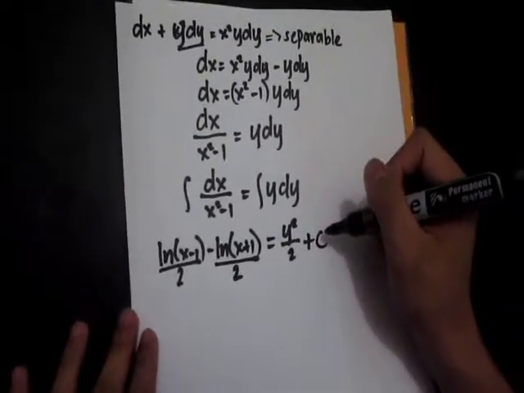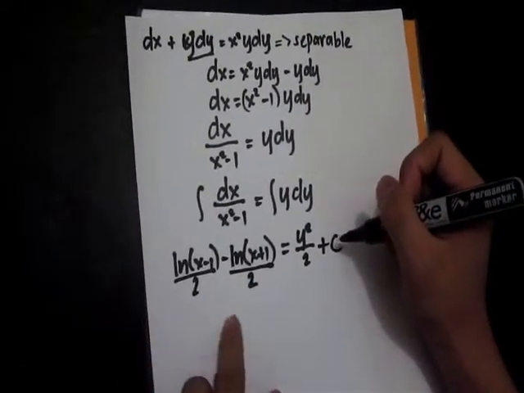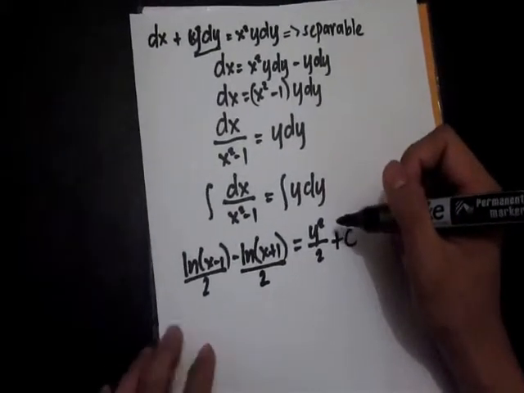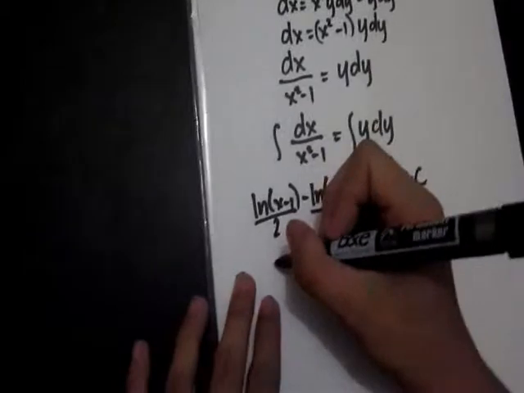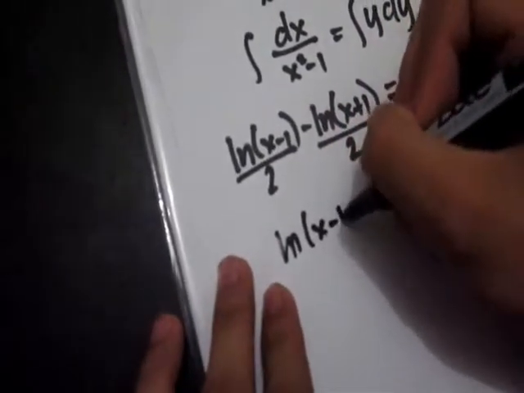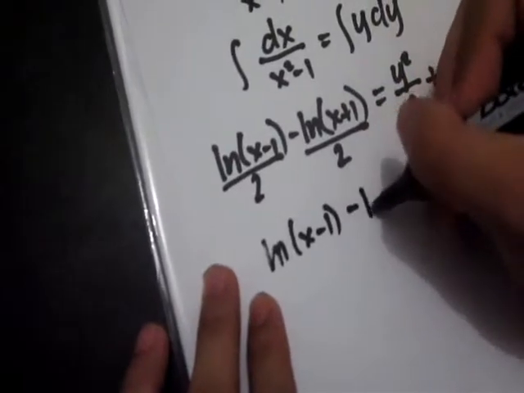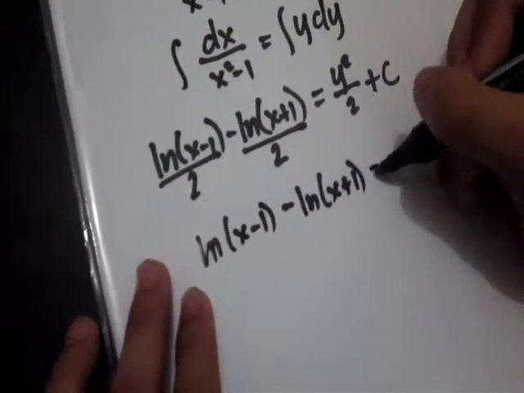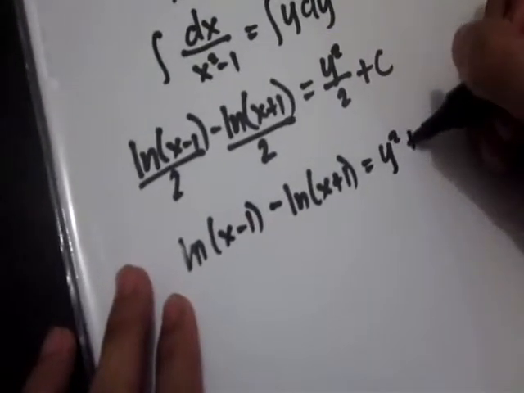Simplifying the equation further, we just multiply both sides by 2, obtaining the natural logarithm of x minus 1 minus the natural logarithm of x plus 1 equals y squared plus c.